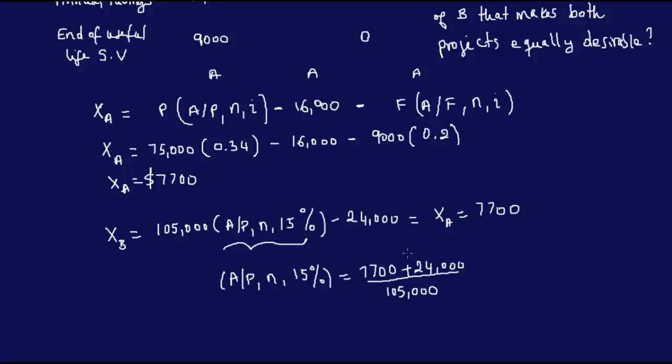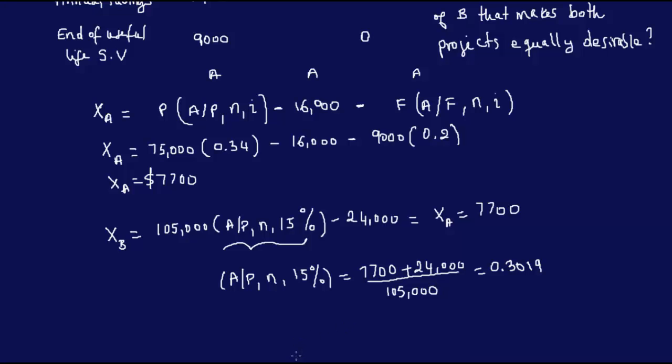So let me calculate that. 77 plus 24, so I have 0.3019. Okay, so I need my AP at N 15% to be equal to 0.3019 approximately.